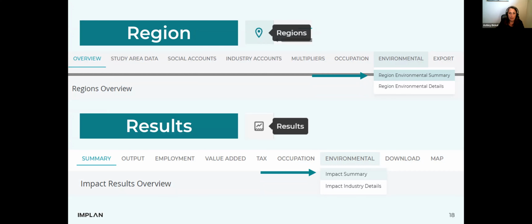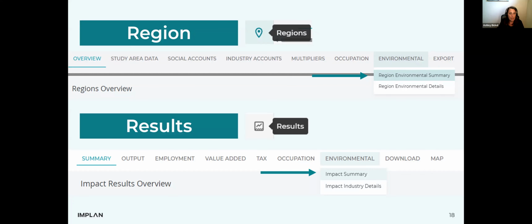But before we do that, I want to talk about the different ways that you will be able to access or view the environmental data. So there's 2 different ways of viewing environmental data in the application, in the region details section in the project's results. The region environmental data provides insights into the model region's current levels of environmental emissions by industry and type of pollutant for a given data year.